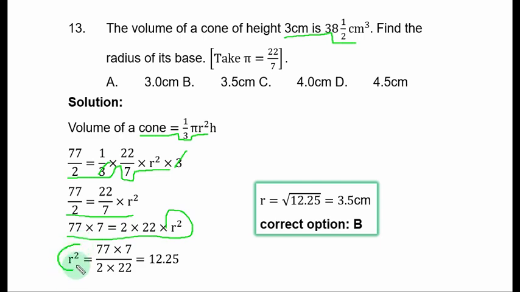So you have r squared equal to this, and when you divide, you have 12.25. To get r, take the square root of both sides. So r is equal to square root of 12.25, and that is 3.5 centimeters. B is the correct option.